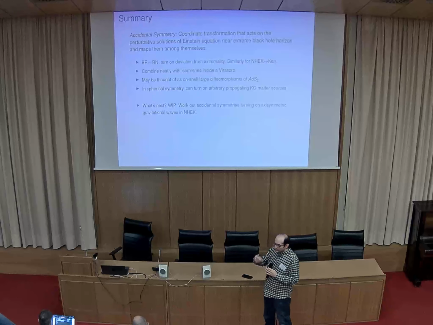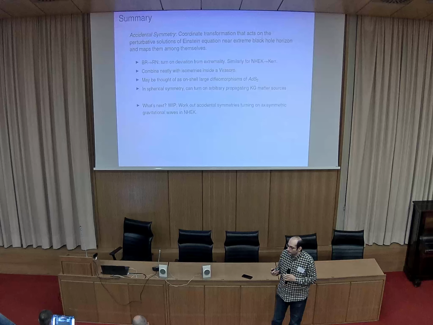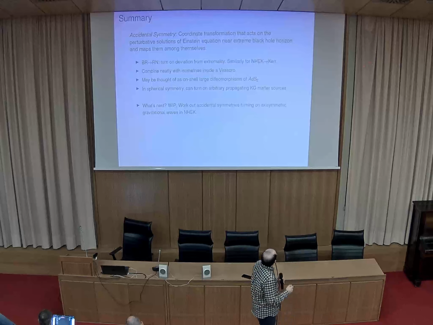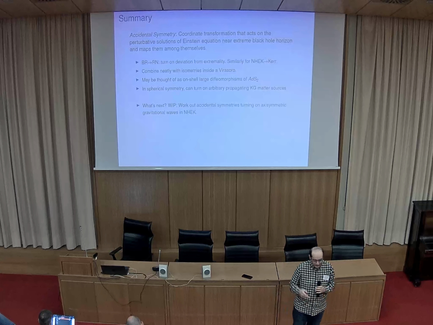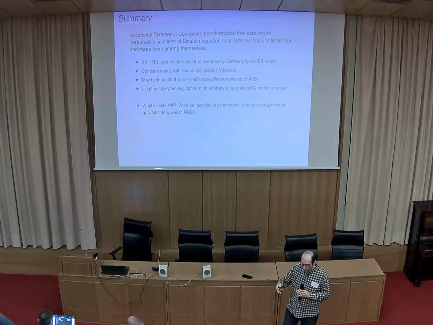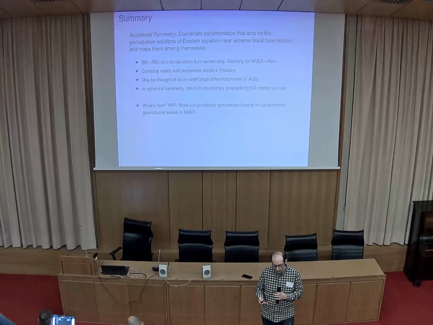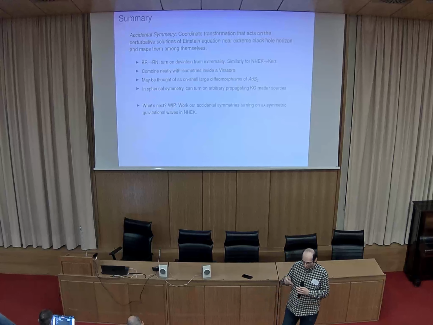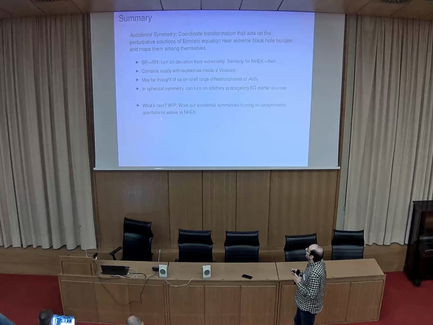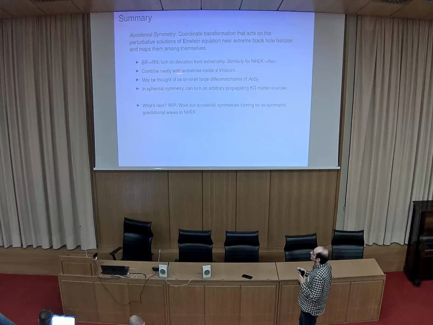What it does is it turns on deviation from extremality. Start from exactly extremal one, you turn on deviation from extremality. For NHEK, similarly, this psi minus 2 I just showed for NHEK is doing a similar thing. It can start with NHEK plus a perturbation that's going to give exactly extreme Kerr, and then produce a perturbation that's going to start from NHEK and produce near extreme Kerr.